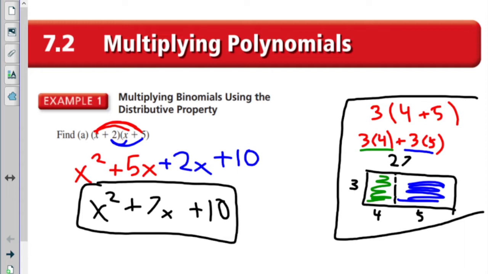So the first term stayed the first term, the last term stayed the last term. It's that middle term that changed. That 5x and the 2x in the middle got put together. 5x plus 2x is 7x.